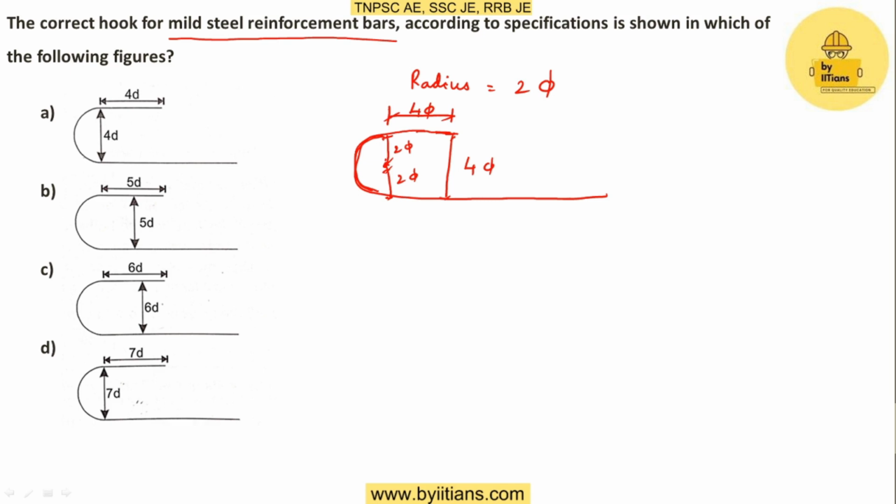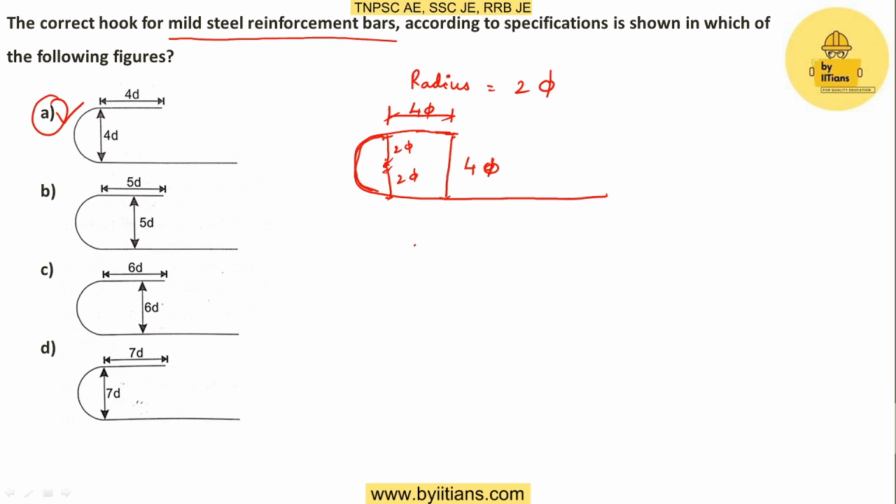So this radius is 2 phi, so the diameter will be 4 phi. Now look at the options, which is appropriate for the mild steel bar. So option A looks appropriate. So option A will be the right answer.